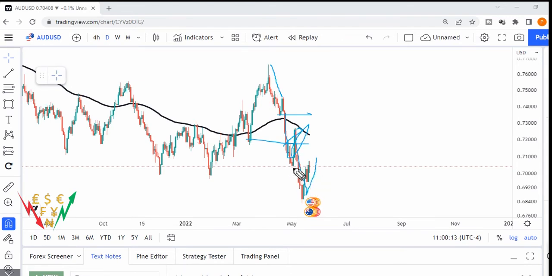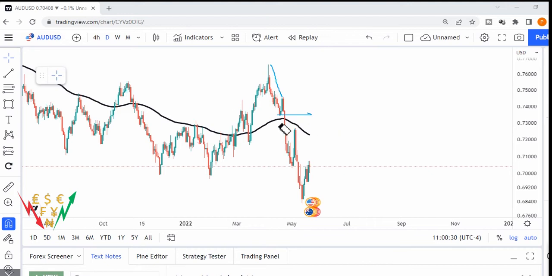So price is at this structural level as well. What we're expecting is for price to come somewhere and pick up some liquidity around here to continue this move to the downside.